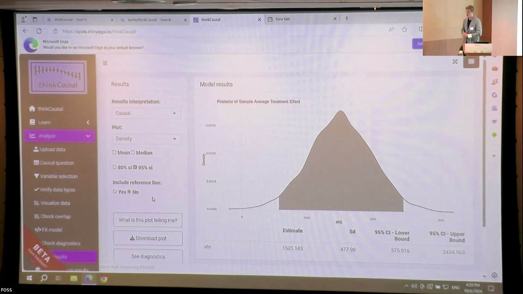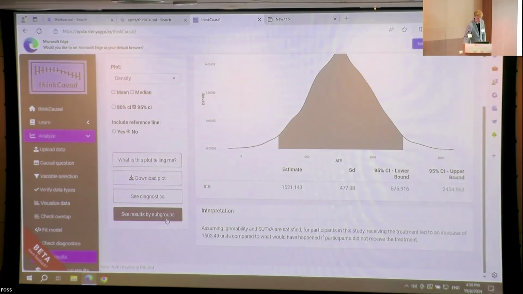It's the whole idea that if we imagine infinite theoretical intervals, 95% of the intervals will contain the true parameter. Bayesians don't actually think that way. We think you can interpret these intervals as actual confidence. So you could say that we're 95% confident that the average treatment effect is between 575 and 2,454. So here's our summary of the results.